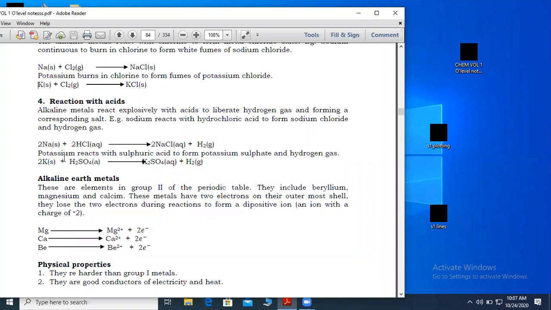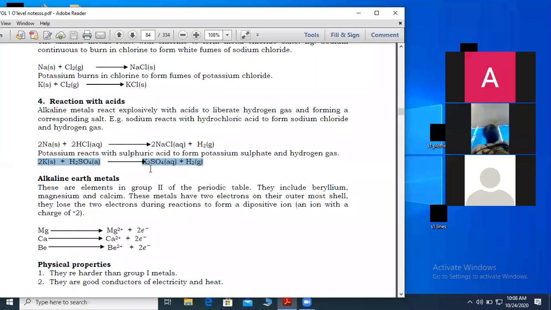Then the second equation that was required to be completed was this one, potassium plus sulfuric acid. Where did many of you fail? You failed on the formula of potassium sulfate. The valencies of radicals should always be with you. The valence of the sulfate radical is 2, and the valence of potassium is 1.